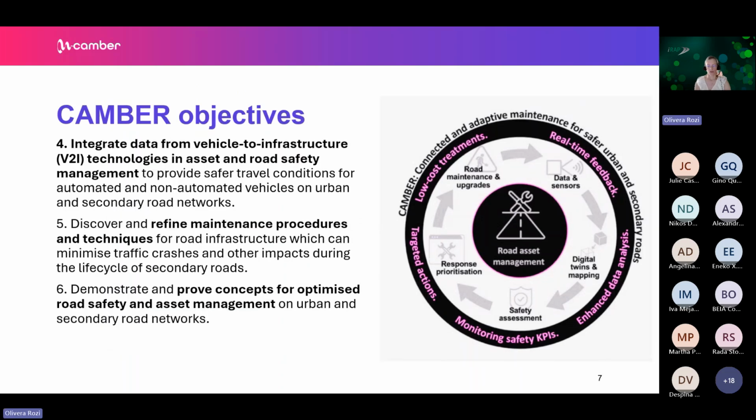Our fourth objective is the integration of data from different sources and different technologies in asset and road safety management. Of course, we will also look to improve support for automated driving on low ISAD level roads.